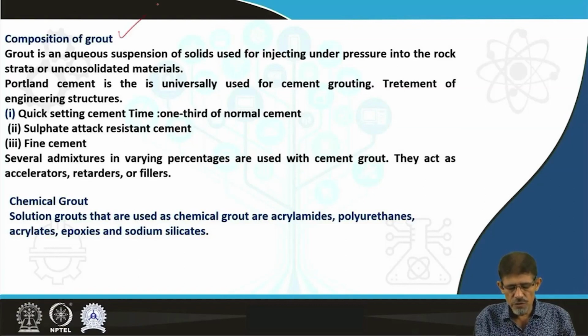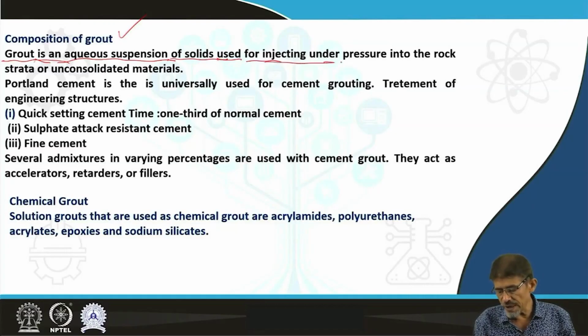If we look at the composition of grout, as we have already discussed the classification of grouting as chemical grouting and cement grouting, commonly grout is an aqueous suspension of solid, and the solid is actually cement in common use.